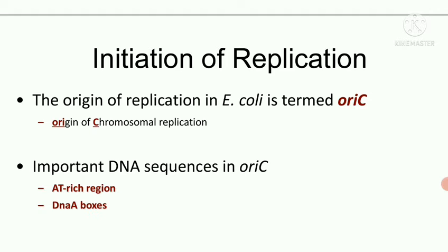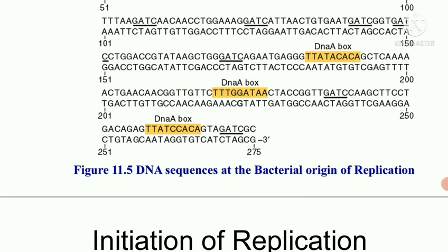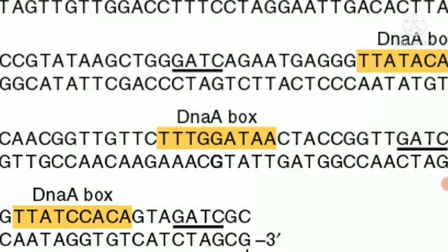Why? Because there is a protein called DnaA protein. The DnaA protein has affinity for this box. This box you see here is the DnaA box. The DnaA protein has affinity for this region also.